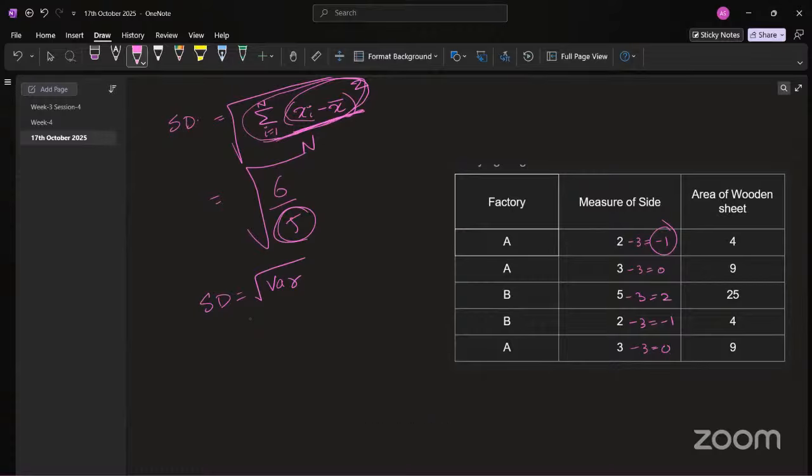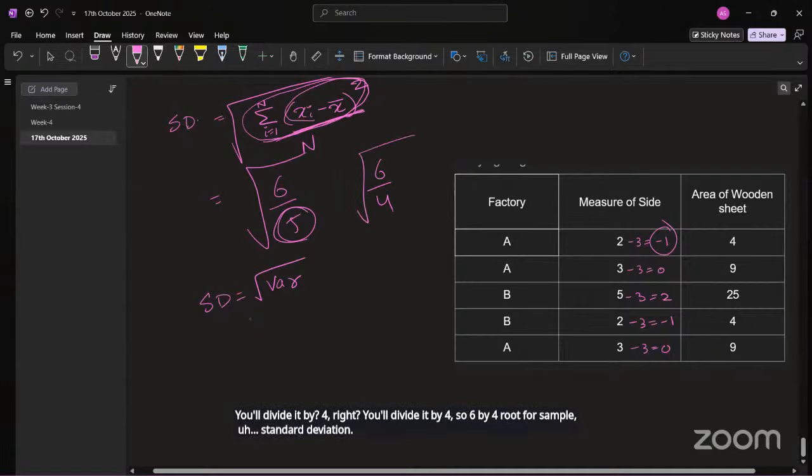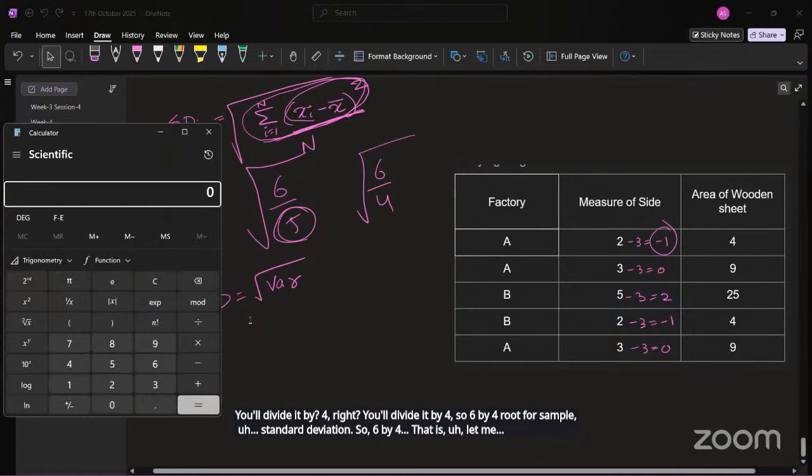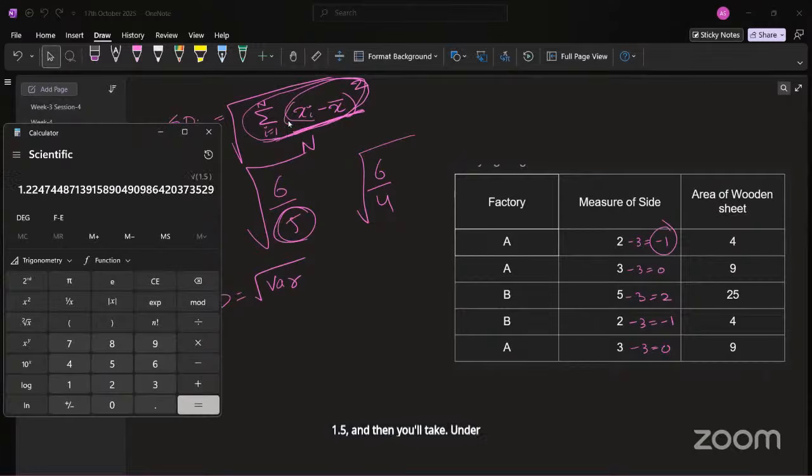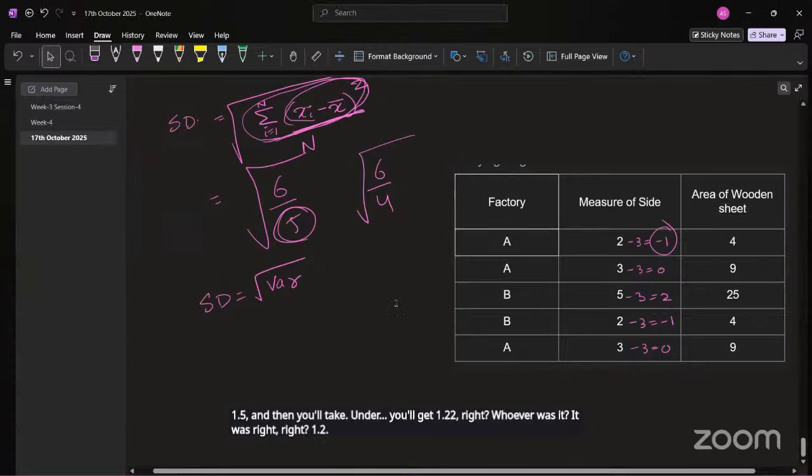So it is the square root of 6 by 4 for sample standard deviation. 6 divided by 4 is 1.5, and then you'll take the square root. You'll get 1.22, right? 1.22.